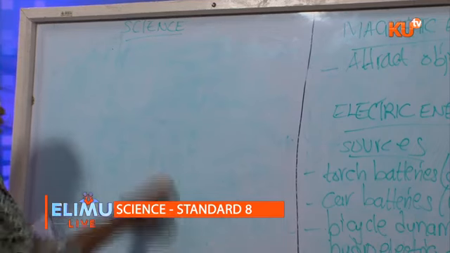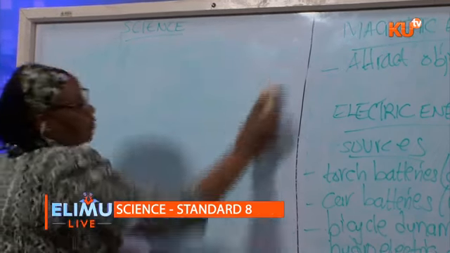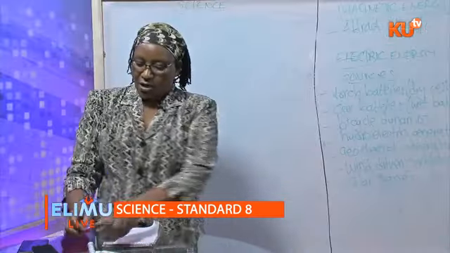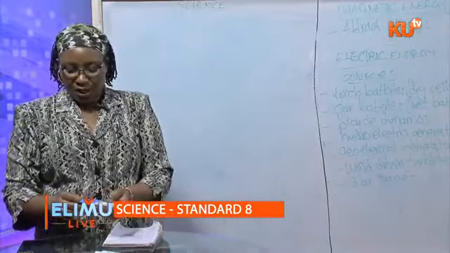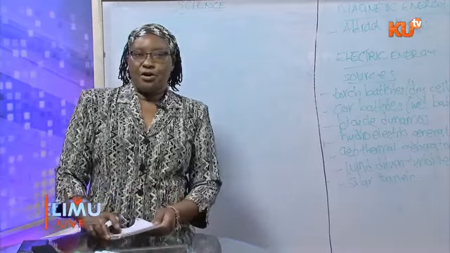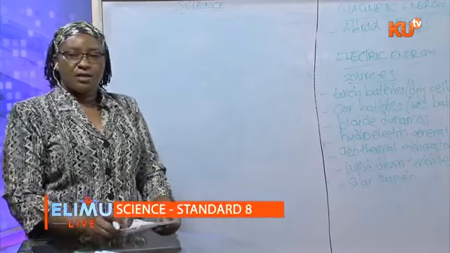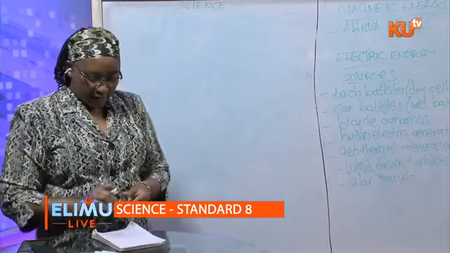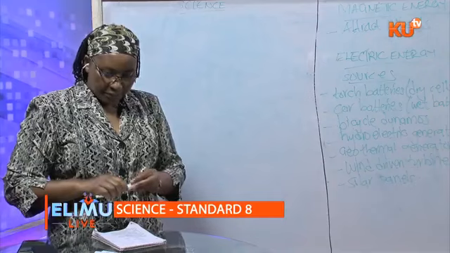It can be transmitted using solids, and as I said from the beginning, my sound is being transmitted to your TV. It is being transmitted through wires in the TV and maybe through the air. So we are going to look at sound energy.